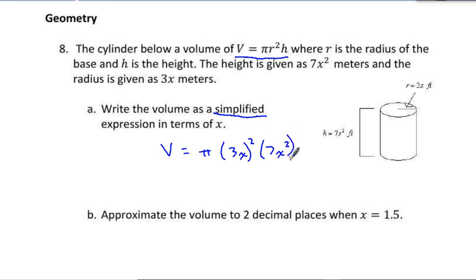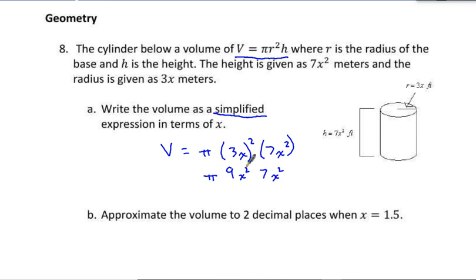Alright, so we've got several things to do here. First, we need to square everything inside this parenthesis because the exponent of 2 is outside. So we need to have 3 squared and x squared. Well, 3 squared is 9, x squared. We still have pi involved. The 7 is not squared because only the x is squared, with that exponent 2 being inside the parentheses and attached to the x. So the 7 will stay alone as 7x squared.